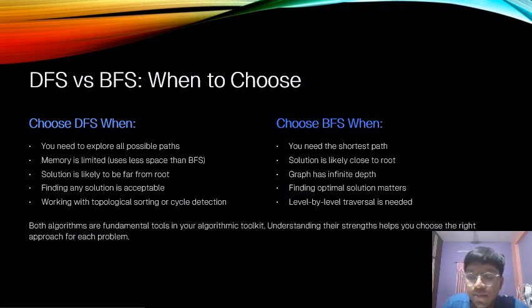So let's see DFS versus BFS. When to choose DFS: you need to explore all possible paths, memory is limited, or the solution is likely far from the root and you need to find an acceptable solution. And when to choose BFS: you need the shortest path, the solution is likely close to the root, the graph has infinite depth, finding the optimal solution matters, or you need level by level traversal. So these are the differences between BFS and DFS.